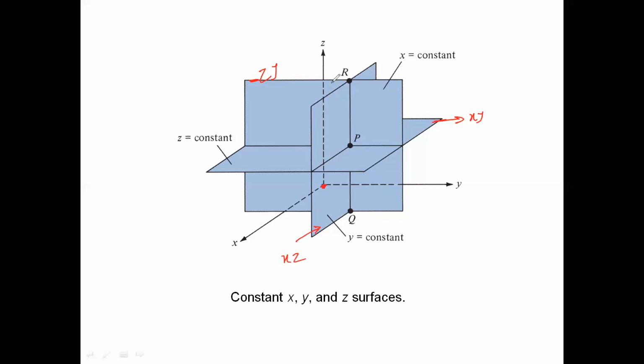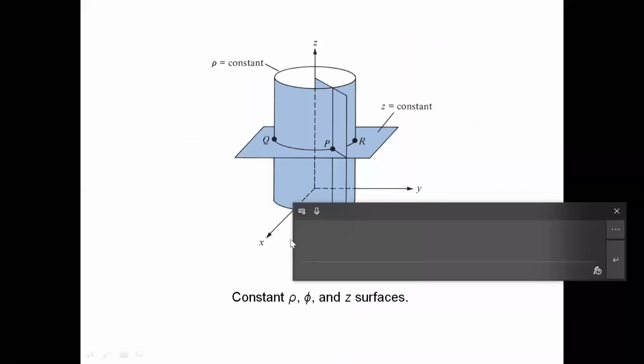Now if the surface sheets are placed in particular planes, then by default the other coordinate will be constant. Here, in the zy plane, x is constant. In the xy plane, z is constant. In the xz plane, y is constant. The same you can implement in circular cylindrical as well as in spherical coordinates.